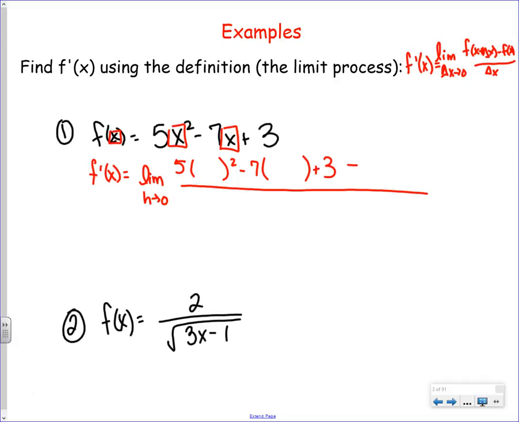To get just the first part, f of x plus delta x, I take f's formula, I leave spaces where the inputs are and say, okay, what's supposed to go in there now? x plus delta x. It could be x plus h or x plus delta x. I just decided to do one of each.